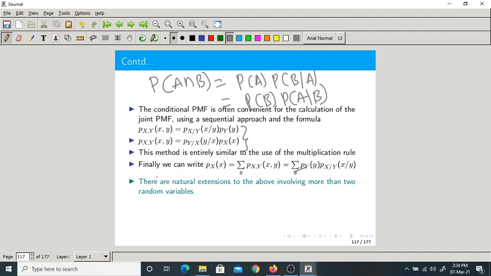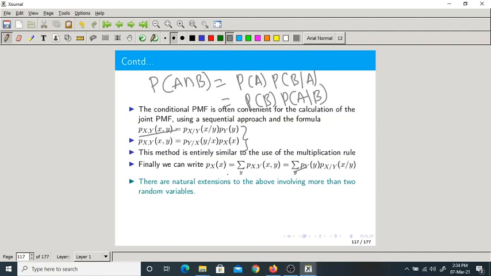So to get joint PMF, what are we doing? We are taking marginal PMF into conditional PMF. So these are the formulas. Is it okay? You take a paper and write all the formulas at one place. You'll get an idea. Just don't simply listen to my classes. There is a difference in the notations, not in the concept.